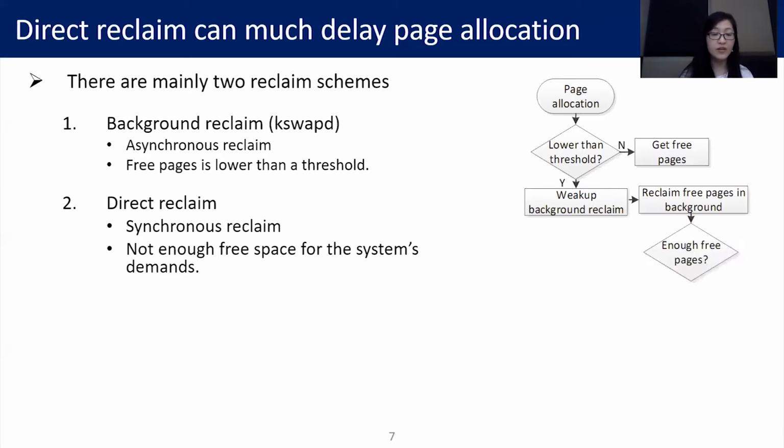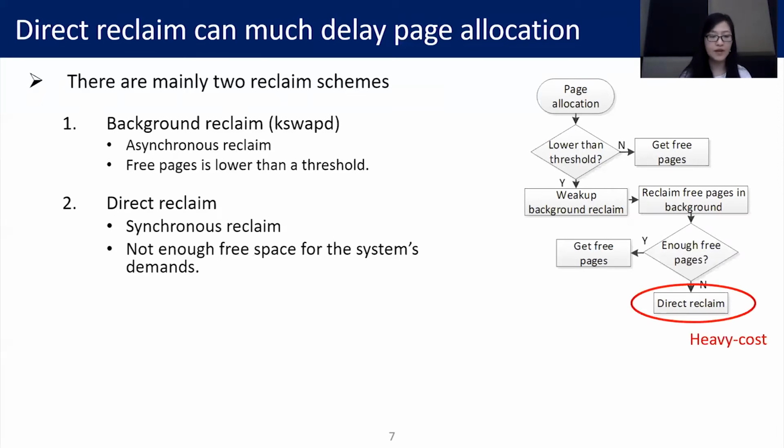If there are not enough free pages for the system's demand, or the launched background reclaim does not reclaim enough pages in time, direct reclaim will kick in synchronously. Direct reclaim is a heavy cost. The page allocation has to wait to finish.